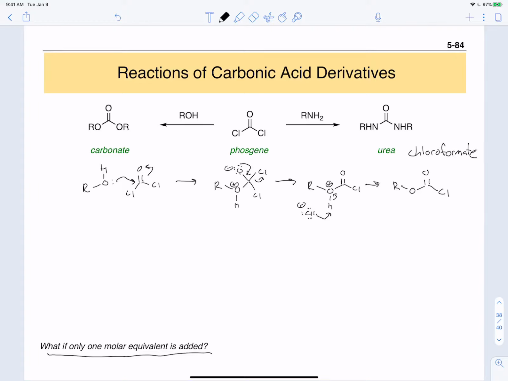You don't necessarily need to know that, but you can do a single addition with this. And the main question is, why can you do a single addition on something like phosgene, but it's harder to do single additions with other reagents? That's because this new intermediate is actually going to be less reactive than phosgene, because now we have this new oxygen that has a resonance isomer.